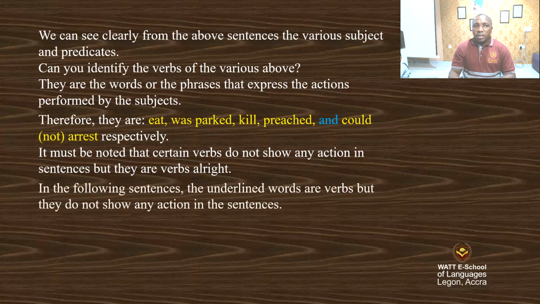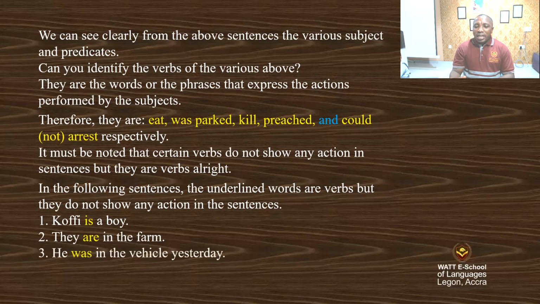Let's have a look at some examples. In the following sentences, the underlined words are verbs, but do not show any action in the sentences. Example, Kofi is a boy. There's no action here to prove what Kofi is doing. They are in the farm. It's not an action word here.